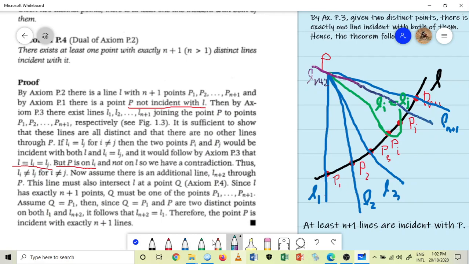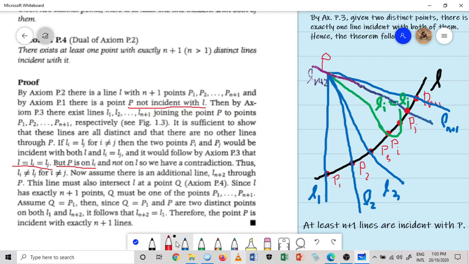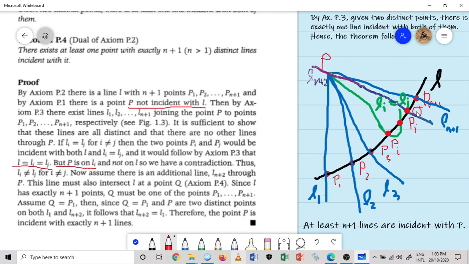Okay, let us call that point Q. So that is point Q. Okay, so this line must also intersect L at a point Q. Now, take note, L has exactly N plus 1 points, meaning Q must be one of those points.